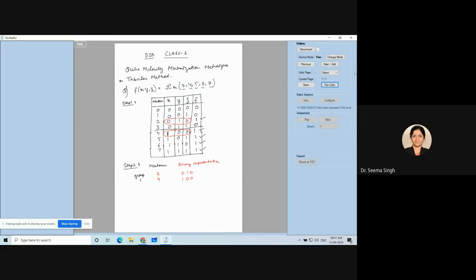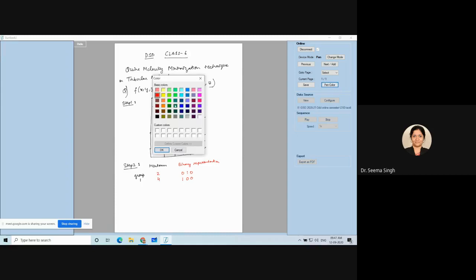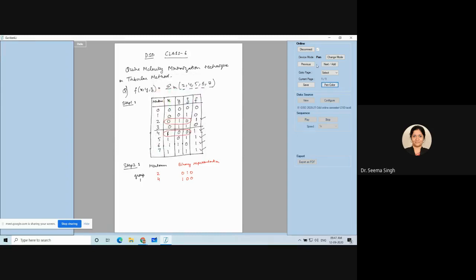Okay. Now let us go to group 2. Group 2 means it should have two logic 1s. Now I am writing group 2. Now you have to tell me which minterm has 2 ones.